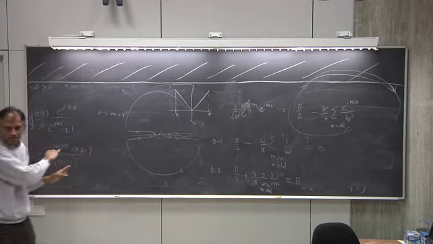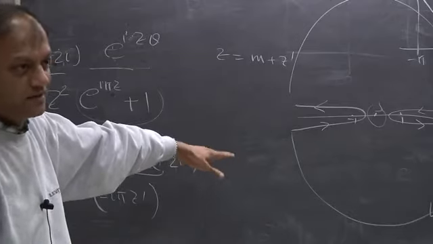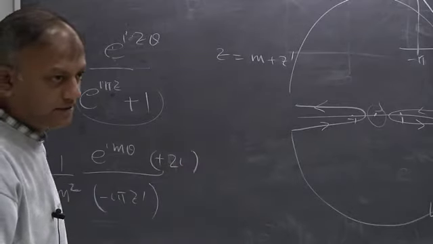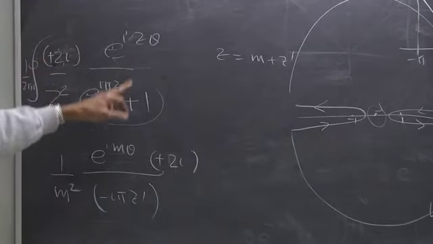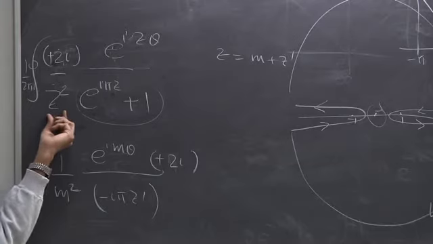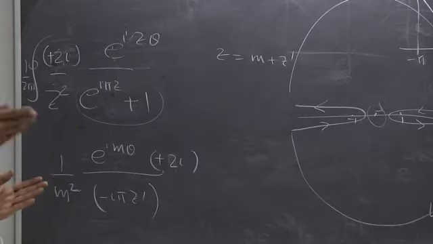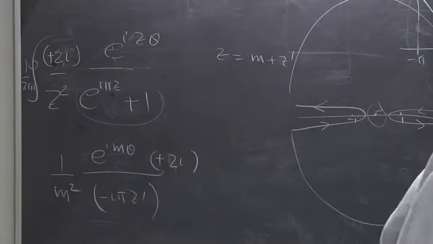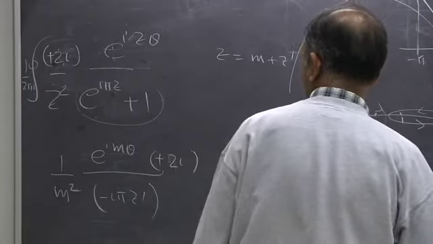I'm going a bit faster because these are exactly the steps we did for the last integral. Now I have to take the residue of this at z equal to 0, which is a second order pole, right? So I have to expand it because I have to pick up the coefficient of 1 over z at z equal to 0. That will require a little bit of work, not too much, but let's see.